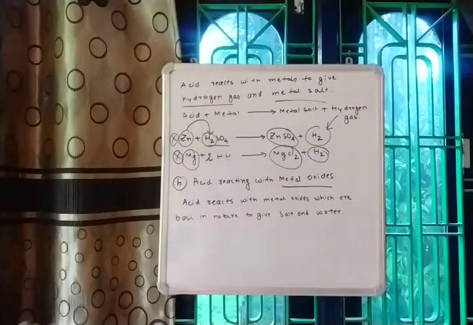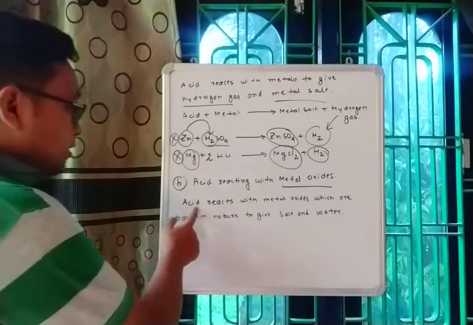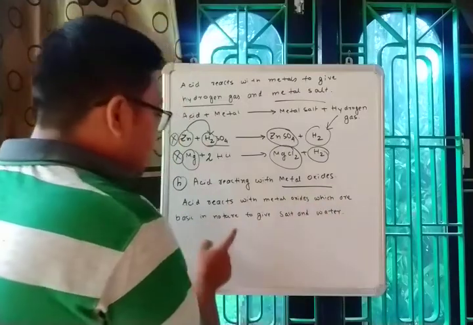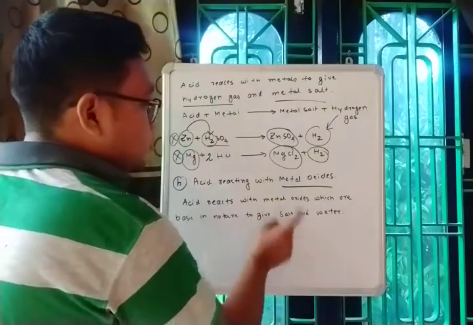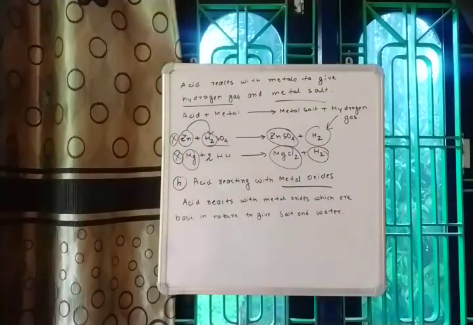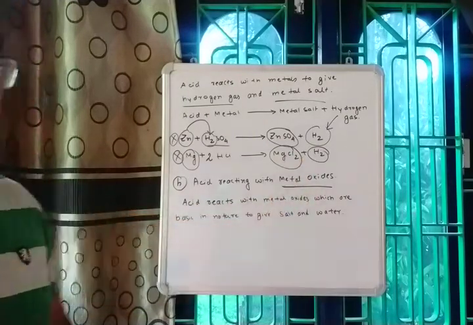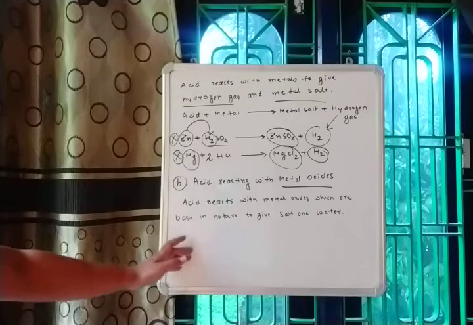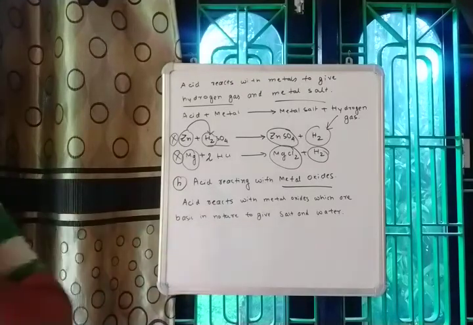Okay, so the definition says acid reacts with metal oxides which are basic in nature to give salt and water. Basically these metal oxides are basic in nature. They have some basic properties within themselves, and whenever they react with acid, it gives us salt and water.